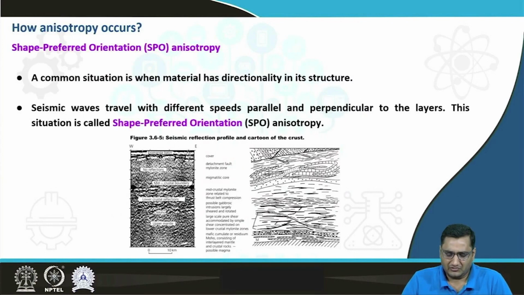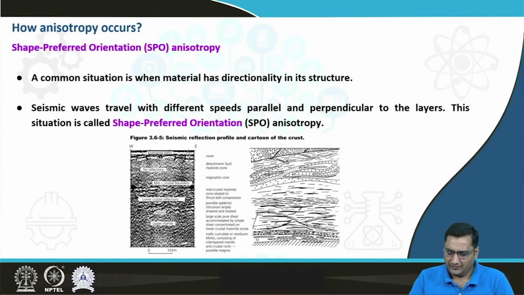Now let's talk about shape preferred orientation anisotropy, in short known as SPO. A common situation is when the material has directionality in its structure, and seismic waves travel with different speeds parallel and perpendicular to the layers. This situation is known as shape preferred orientation anisotropy.